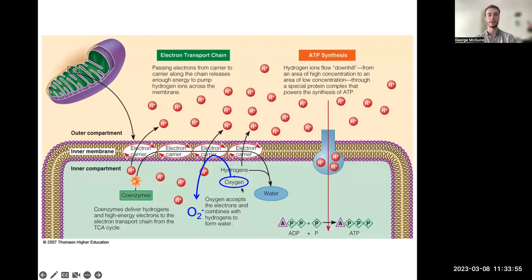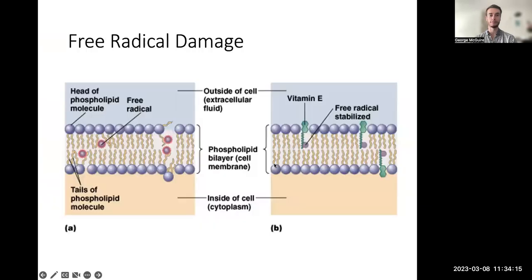So we can see what I was just talking about here with the production of superoxide, this O2 minus, as a result of the electron transport chain. Typically, it's going to accept an electron as well as one of these protons and create water. But if those protons aren't available, or if it's stealing electrons earlier on in the process, it might just produce this superoxide free radical. And these free radicals end up damaging other cells.